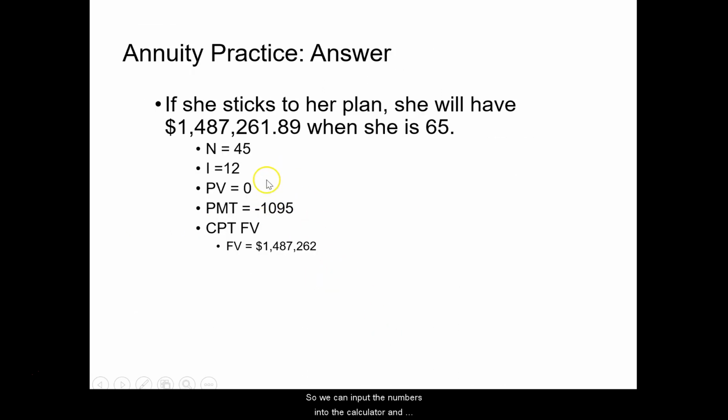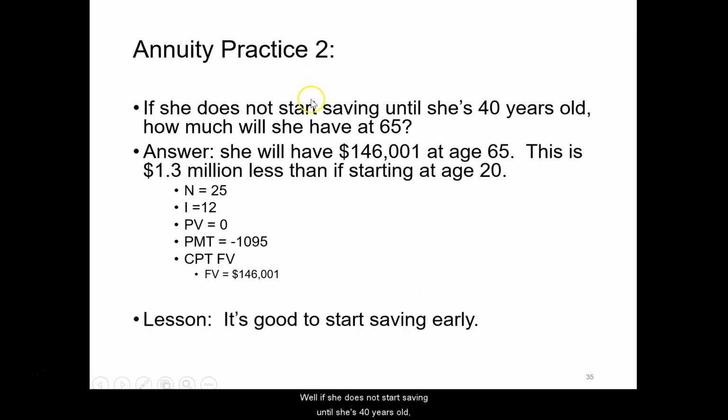So we can input the numbers into the calculator and calculate the future value of this annuity. It turns out to be just a little bit lower than $1.5 million. And that is by investing a little bit over $1,000 a year. Well, if she does not start saving until she's 40 years old, and if she saves the same, how much money would she have at 65?